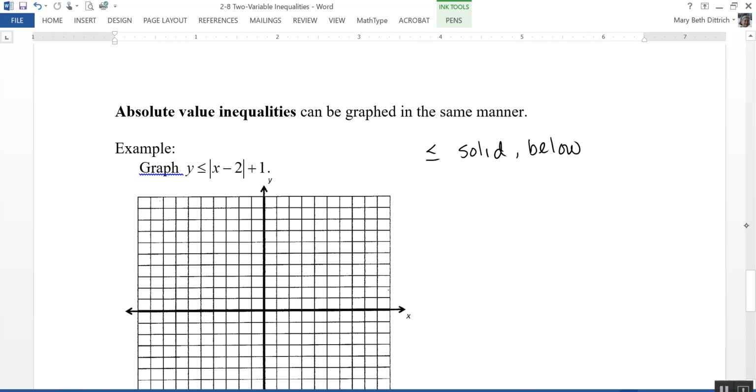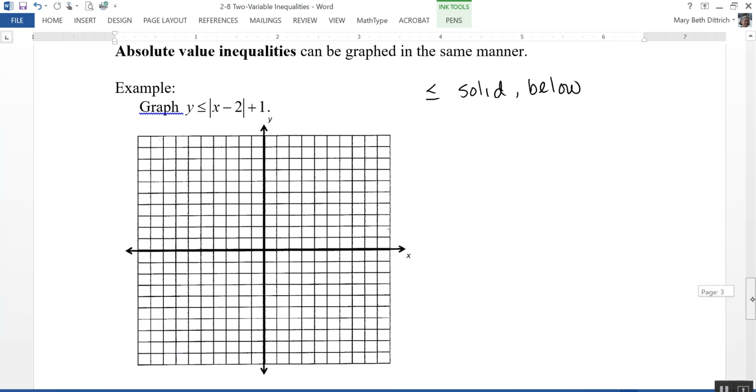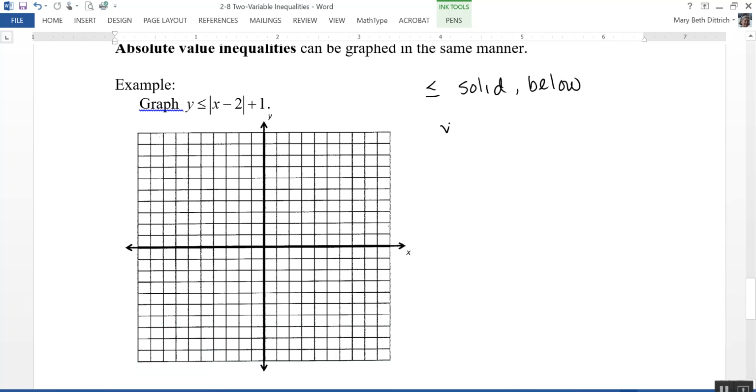Now I need to graph the absolute value function. Well, looking at this, I can see that my vertex is going to be the point 2, 1, and a is equal to 1, so the slope of my sides are going to be 1. So I can plot the point 2, 1, and my slope is 1, so it's going to go perfectly diagonally through these boxes.